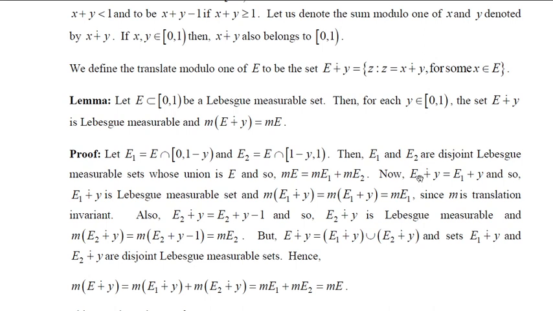Therefore, the translate modulo of E1 is the same as E1 plus y, and so this translate modulo of E1 is Lebesgue measurable, because E1 is Lebesgue measurable, and the measure of the translate modulo of E1 is the same as the measure of E1 plus y. But we know that if you add a finite term to any set, the measure will not change. So the measure of this will be the same as the measure of E1, since m is translation invariant.